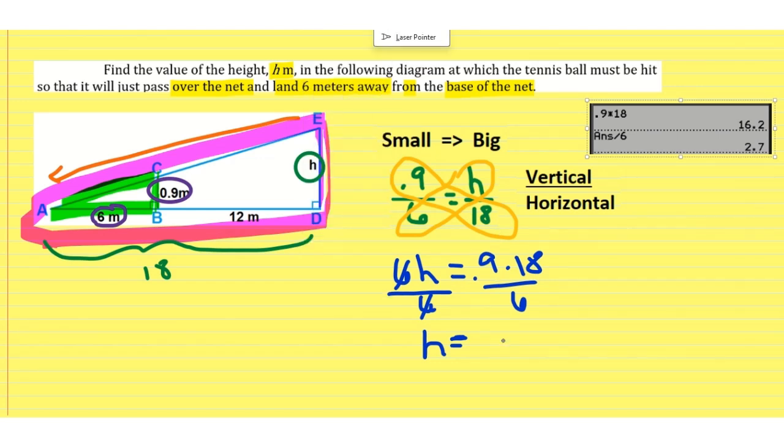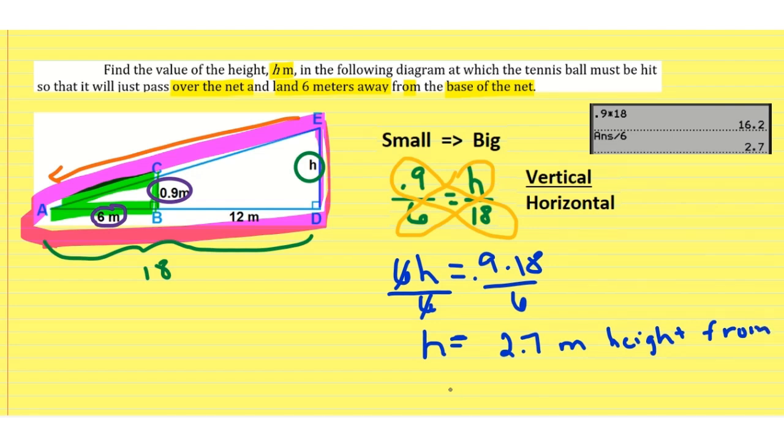So the height is going to be 2.7 meters. That is the height from which I must hit the tennis ball. 2.7 meters is the height from which we will hit the tennis ball.